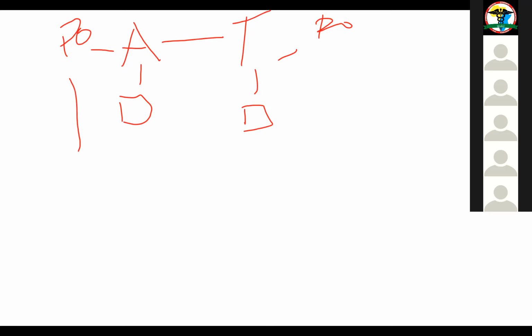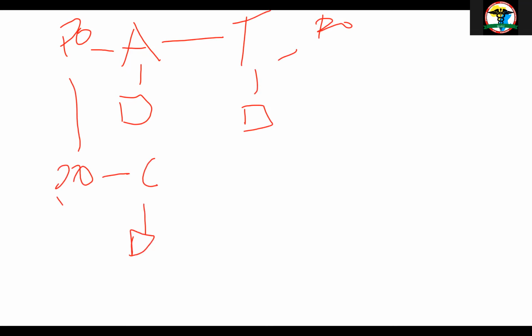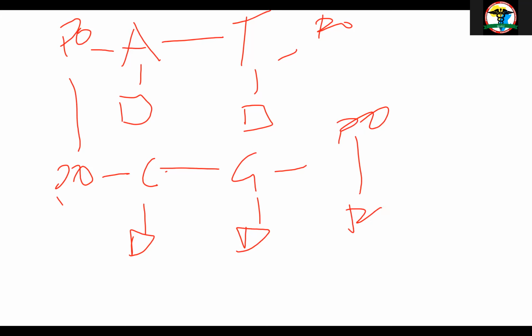Then when they come together, they also attach to each other sideways. So this phosphate is also attached to another phosphate, let's say a C. The C has its sugar, and the C goes with what? G. G also has its phosphate, has its sugar. So the phosphate is also attached to another, and this phosphate is also attached to the other. So that's how they go on, and they attach. So basically, that is what is going on in a DNA.